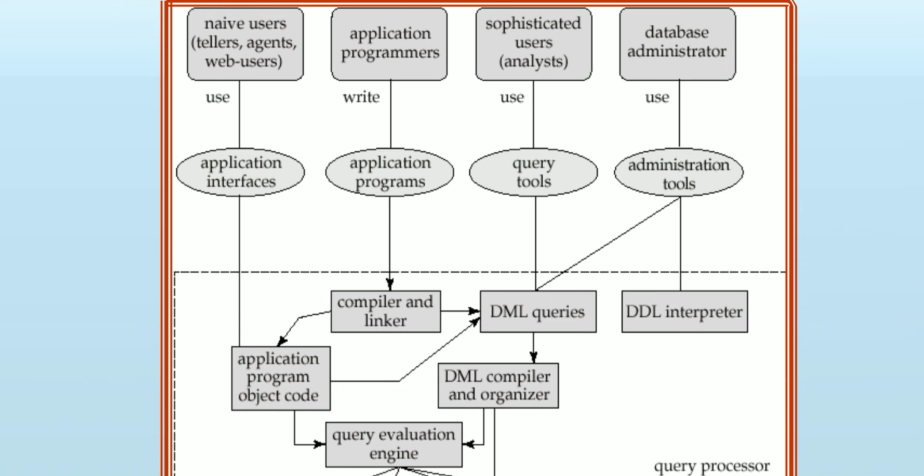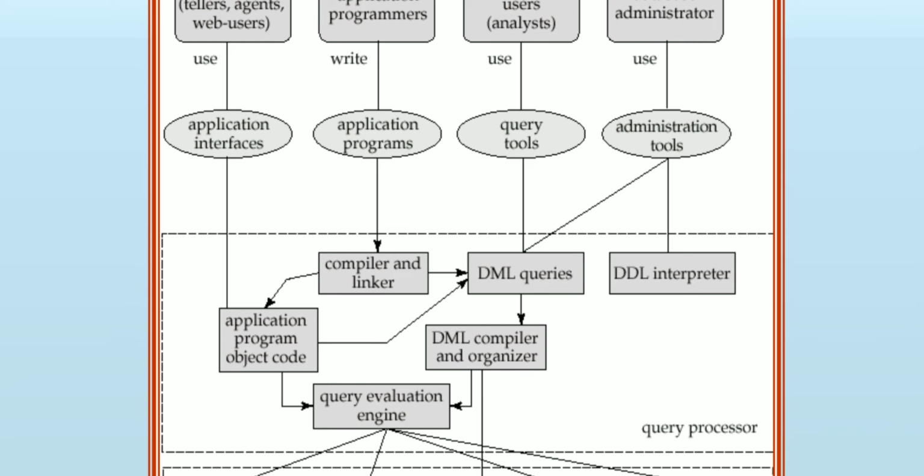There it goes to the administration tools. They check whether it matches his previous table information, then generate the new password to open the account. That is called a DDL interpreter, the data definition language interpreter.